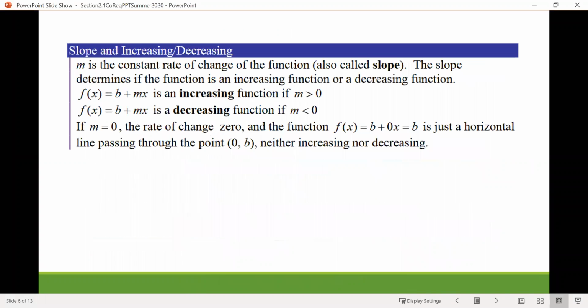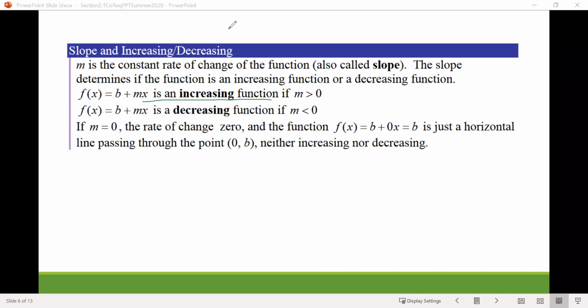All right, so just to summarize some of the stuff we just saw, like we said, m is that constant rate of change for a linear function. With lines, we have a special name for that. We call it the slope. And the slope determines if the function is an increasing function or a decreasing function, right? So if that value for m is greater than 0, we say that the linear function is increasing, which hopefully makes sense, right?